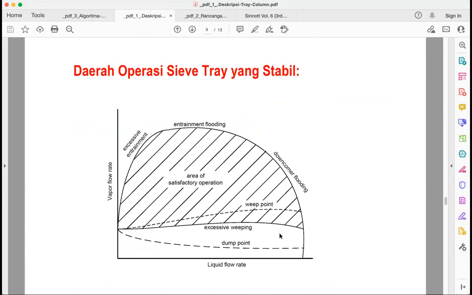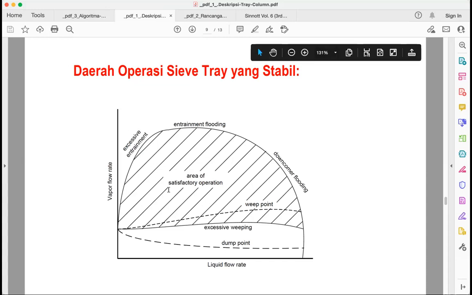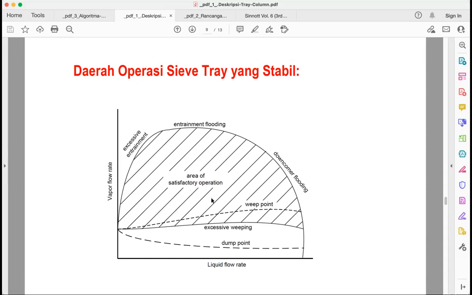Right, okay, so now let's have a look at the operation area for the sieve tray, which has a stable area. In the satisfactory area there should be a range of vapor and liquid rate. So what happens if the vapor is too low and the liquid flow rate is too high?